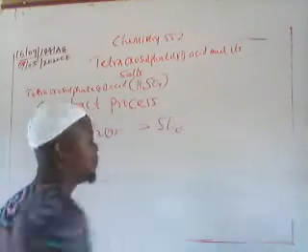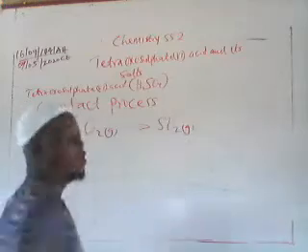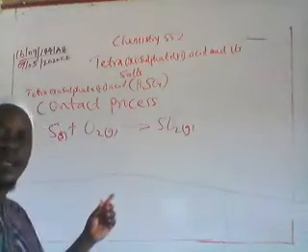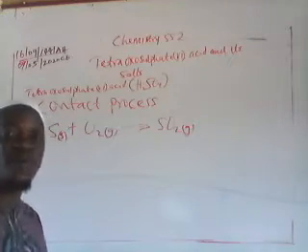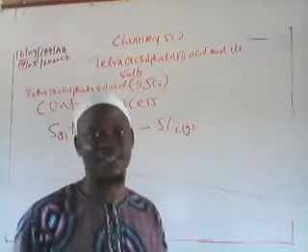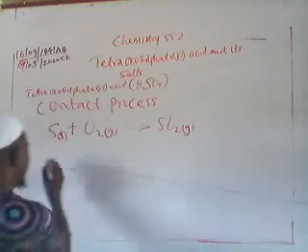Thus, when sulfur(IV) oxide reacts with oxygen in the presence of vanadium(V) oxide catalyst, sulfur(VI) oxide is produced.